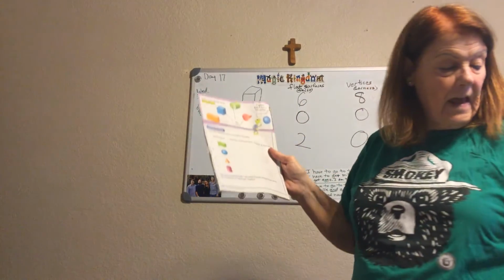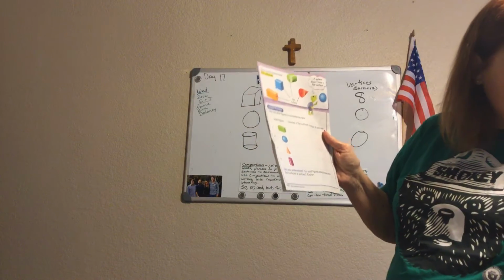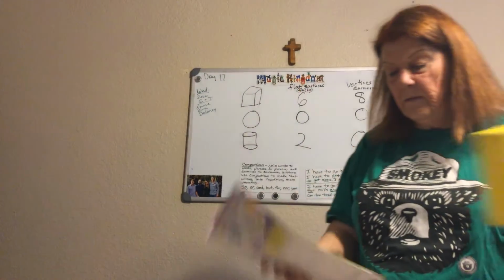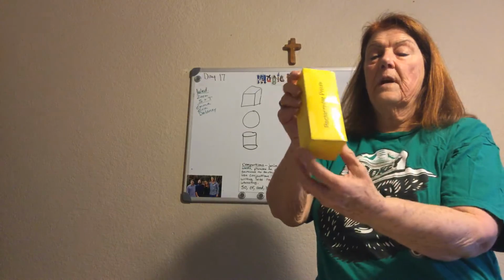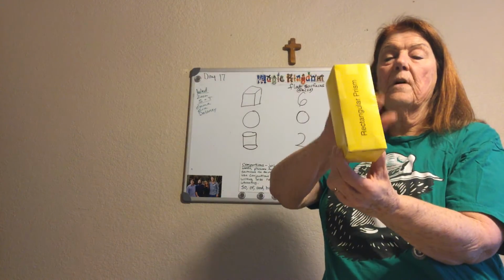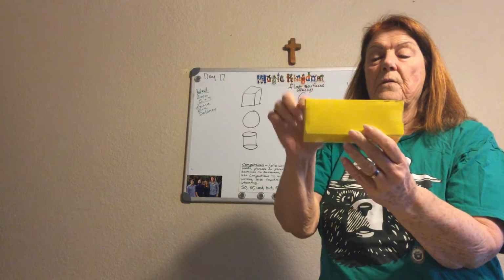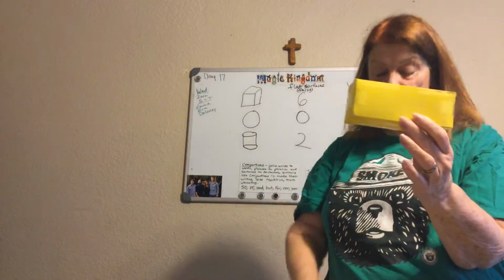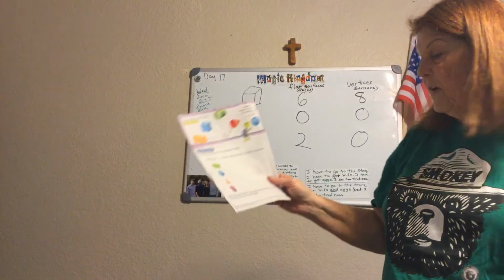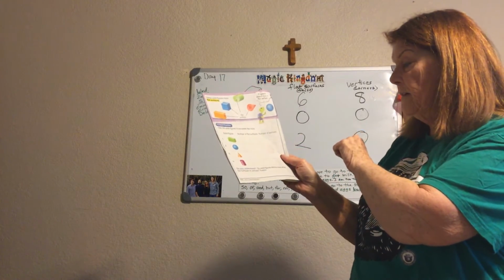So it's basically the same as the box. If you look at it this way, 1, 2, 3, 4, 5, 6 surfaces, and 1, 2, 3, 4, 5, 6, 7, 8 vertices. The sphere again, none and none.